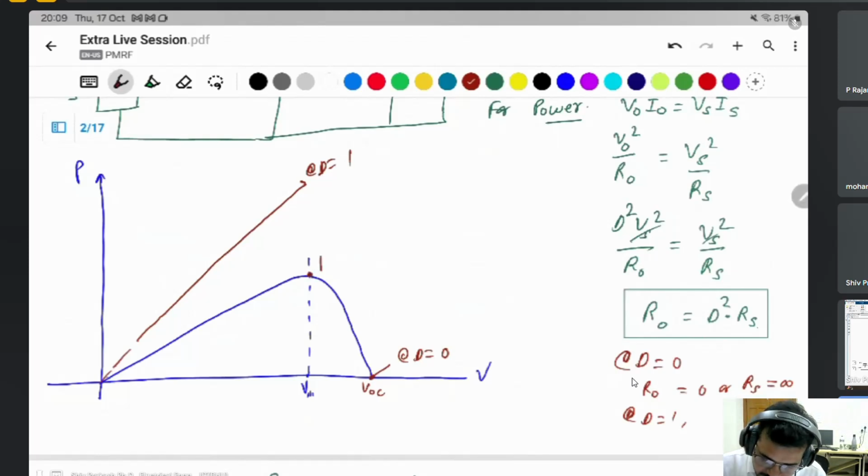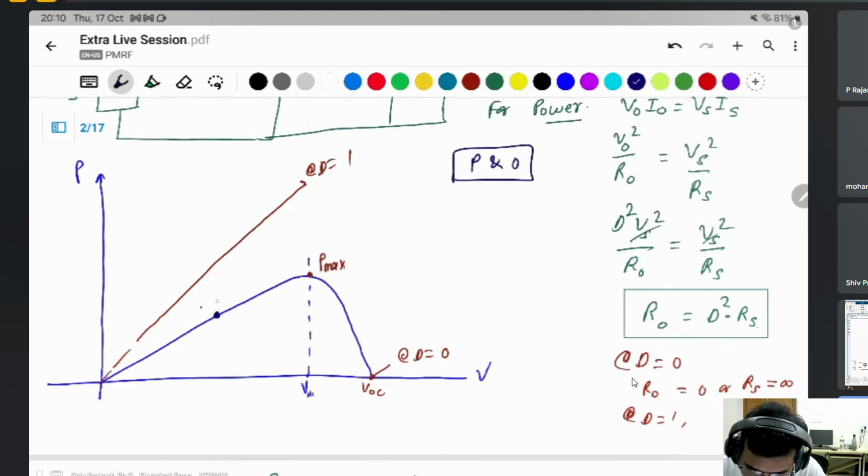We have to track this maximum power, and simply apply the perturb and observe (P and O) method to track the voltage or the maximum power. We have two things. This is the maximum power.